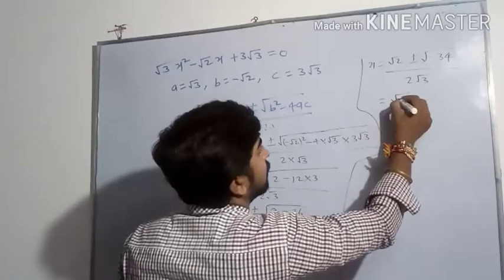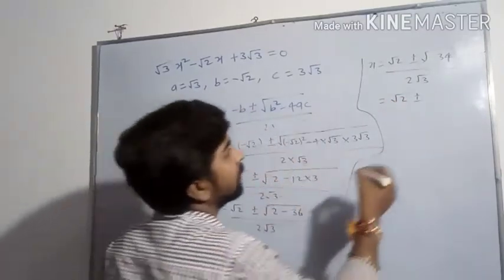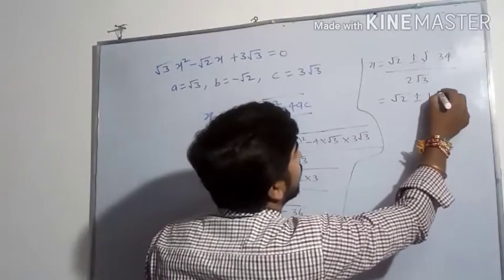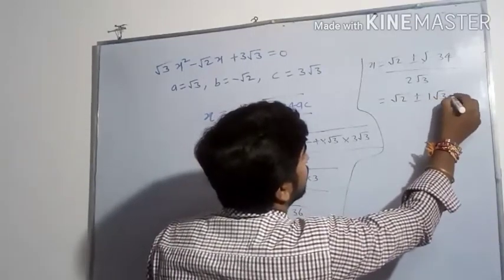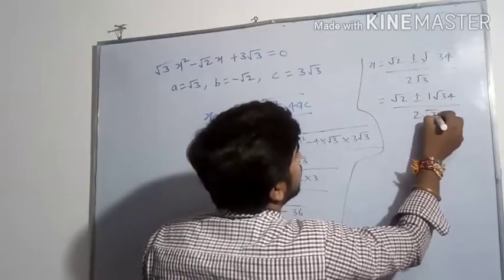Under root 2 plus minus, we can write under root minus 34 as I under root 34, upon 2 under root 3.